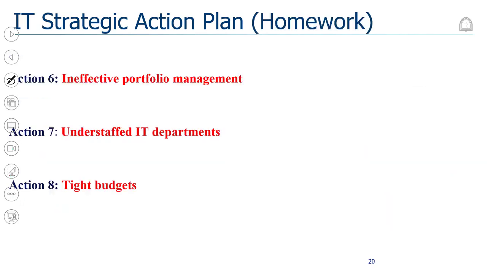Okay, and to finish off, I put in something for you to do to carry on with that. I left those other ones: ineffective portfolio management and understaffed departments. Let me see what you would do for those. So for example, for ineffective portfolio management, what could be the action?